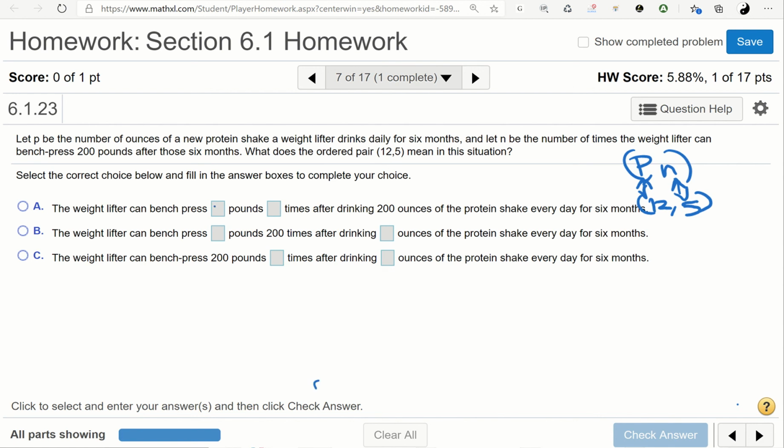So we can fill it in here. The weightlifter can bench press, so this first one is out.